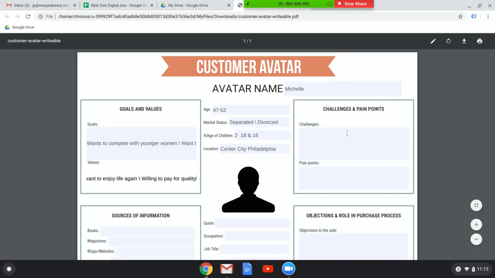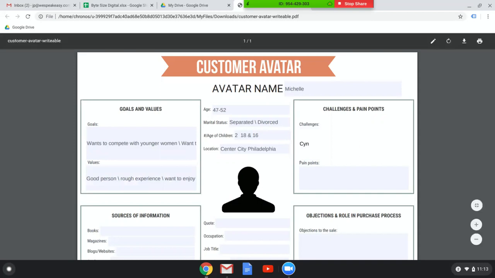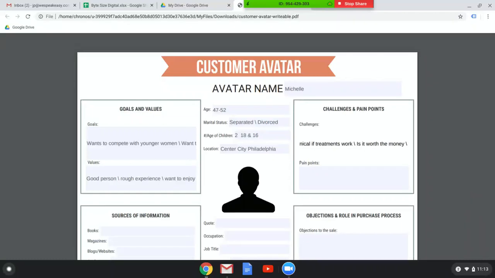So then challenges and pain points over here. Challenges to purchasing your service: they're cynical if treatments really work, like Botox. Is it worth the money? If you're a high-end spa, your things are a little more expensive, and one of their challenges is, am I worth it?